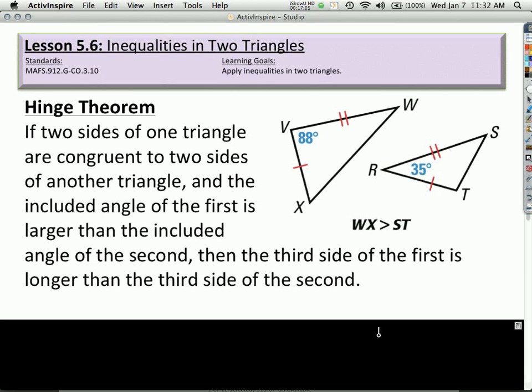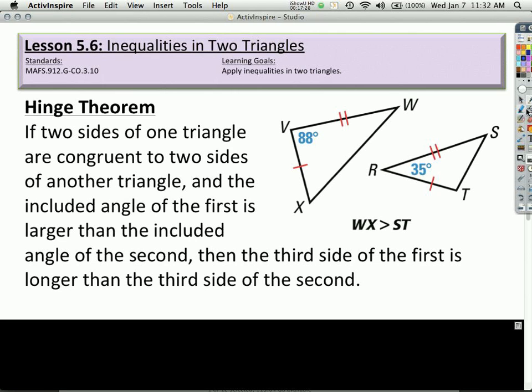So the hinge theorem is when you have two triangles. Last time we were together, we explored theorems that involved one triangle, Theorem 5.10, 5.11. That was only one triangle. Now we're talking about two.